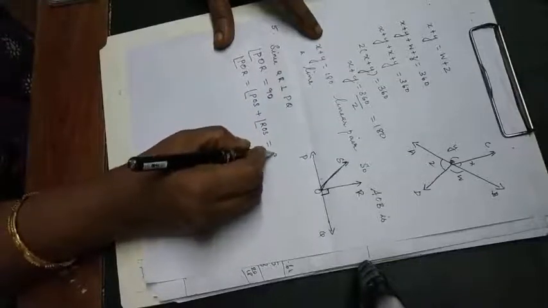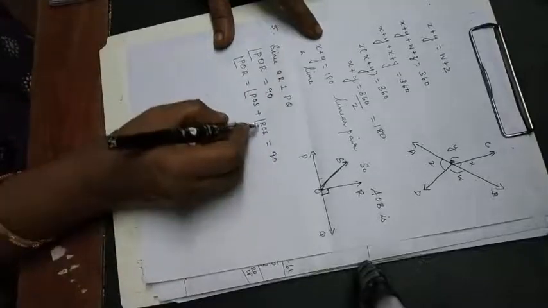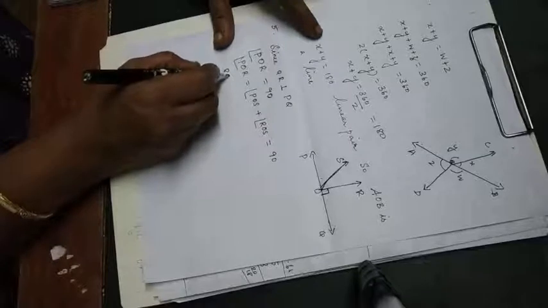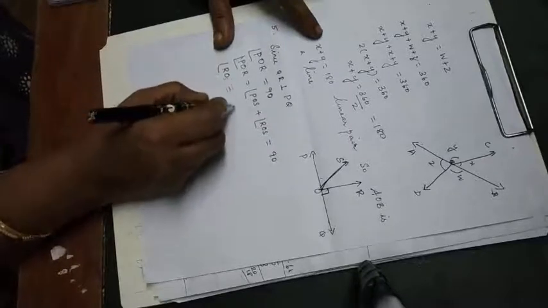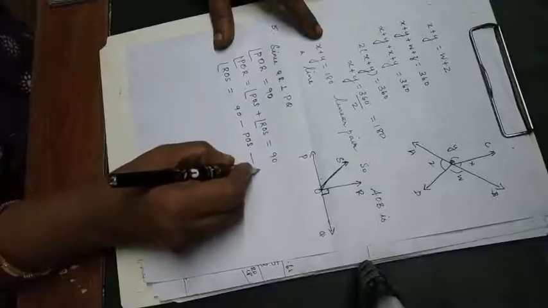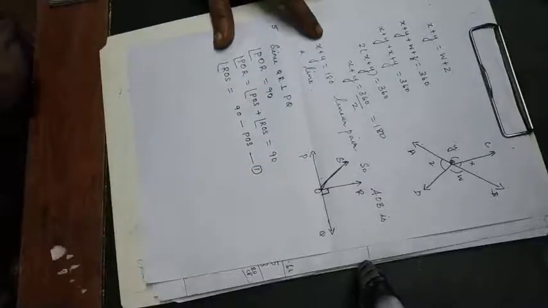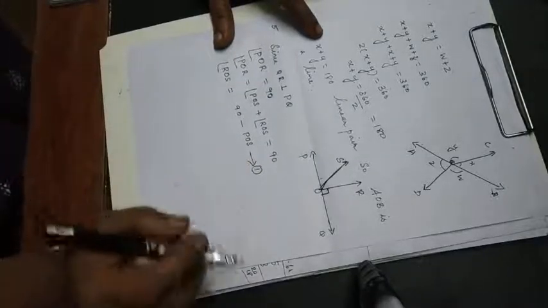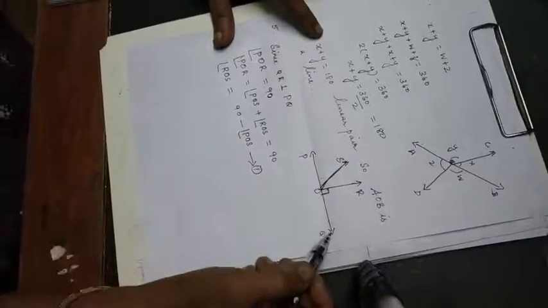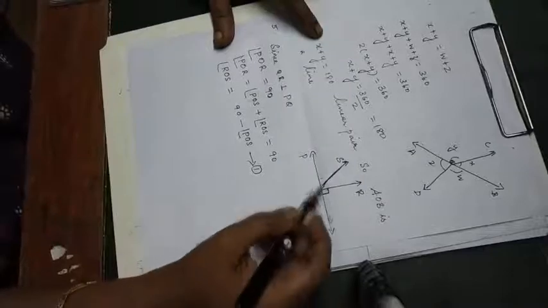So that is equal to 90. Now when you are taking ROS on one side, ROS will be equal to 90 minus POS. Let us take that one as first equation. Okay, 90 minus POS.